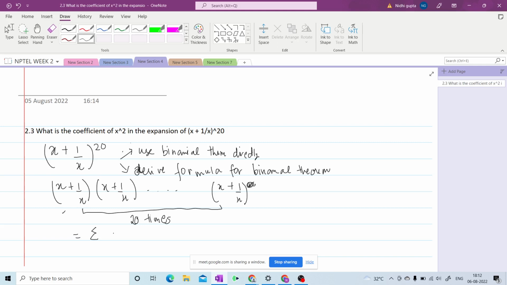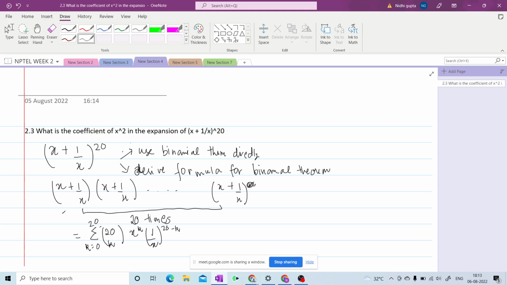Suppose we choose k brackets from which we choose x. Then we choose 1 by x from the remaining brackets, which is 20 minus k. So this term is summed over k from 0 to 20: 20 choose k, x to the power k, times 1 by x to the power 20 minus k.